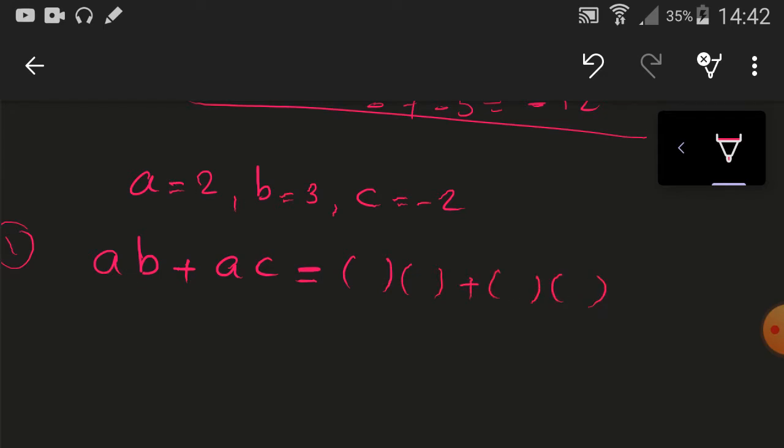A is 2, b is 3, plus ac, a is 2, c is negative 2. This is multiplication, it will give you 6, plus 2 multiplied by negative 2, which is negative 4. Or you can write 6 plus negative 4.